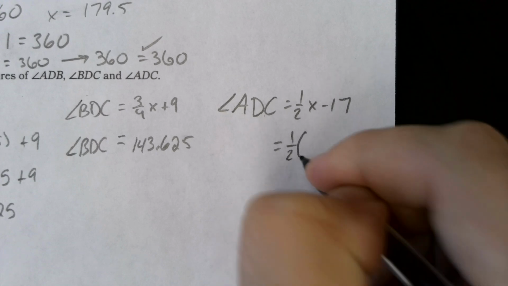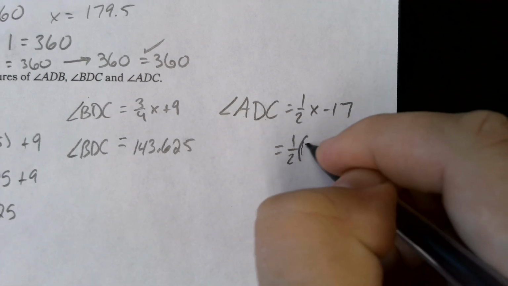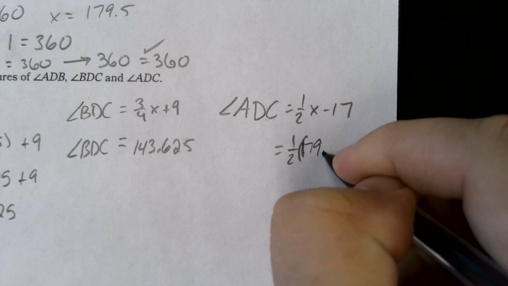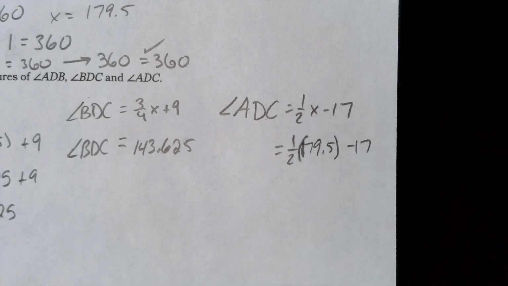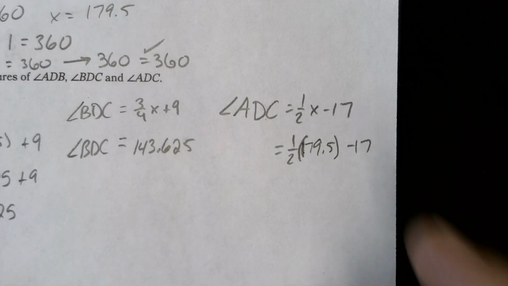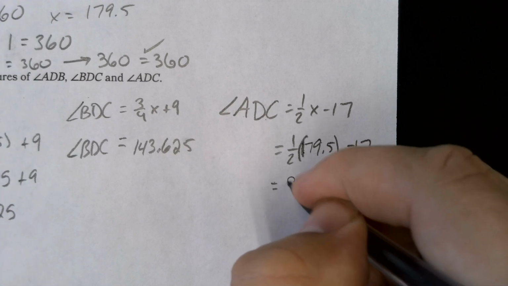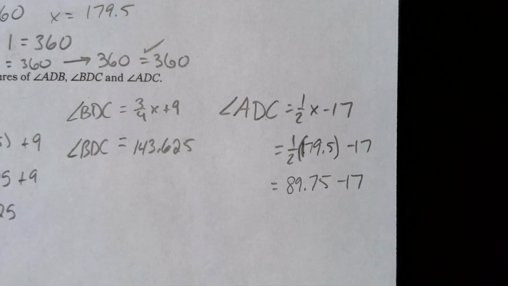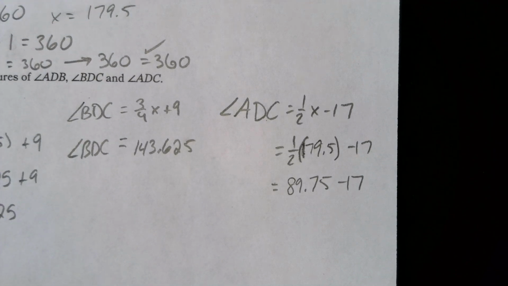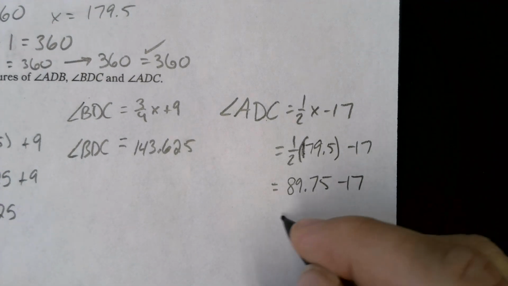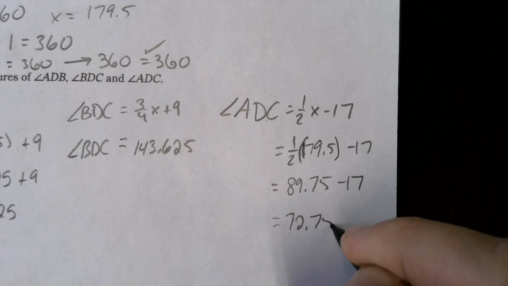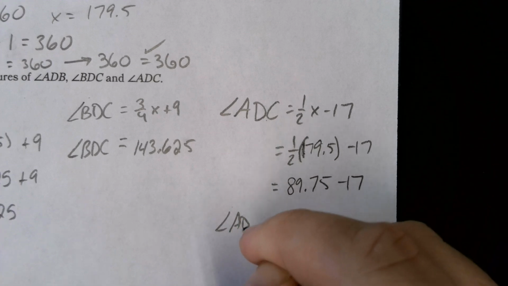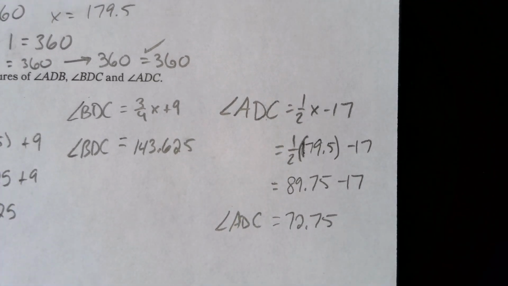I'm going to replace x with 179.5 and multiply times 1/2, which is 89.75 minus 17. Subtracting 17, I have 72.75. That is the measure of angle ADC.